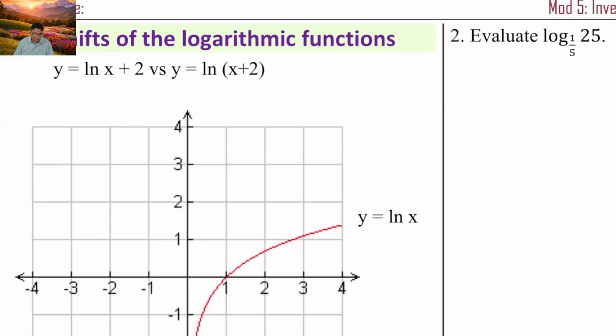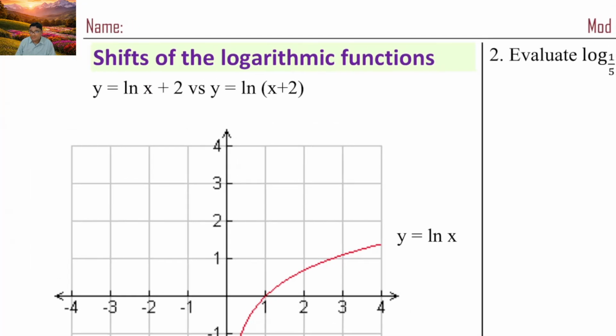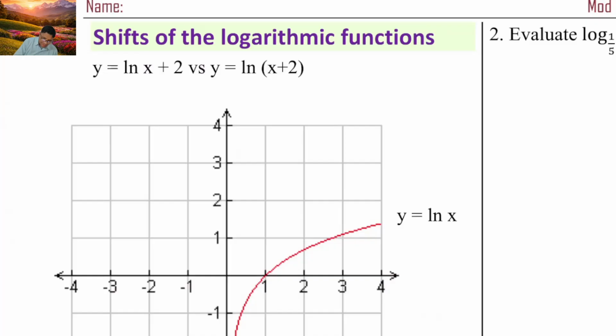As we always do, let's do some transformations on these functions. Some shifts. What's the difference between ln x plus 2 and ln of x plus 2? In theory, we know this already. This is adding to the output value, right?